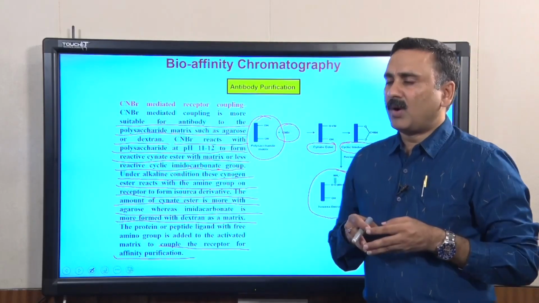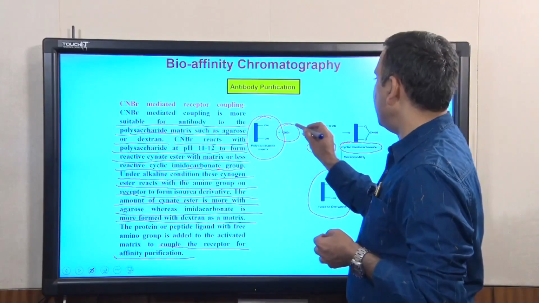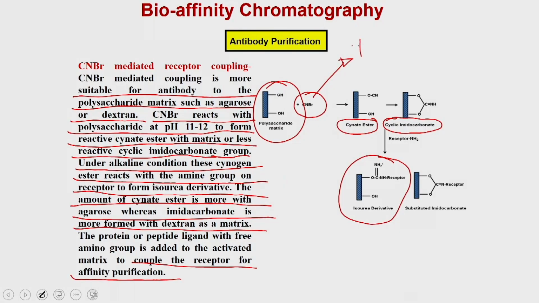But there is a problem: cyanogen bromide is very toxic in nature. That is why its availability is completely banned, and what you get instead is the CNBR activated matrix.